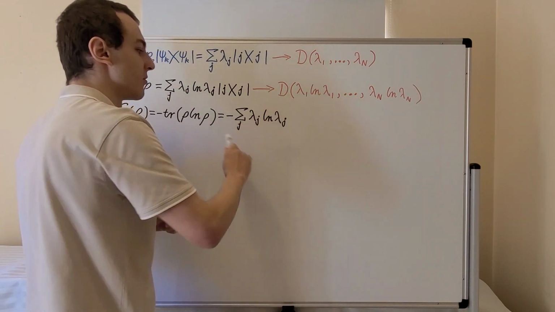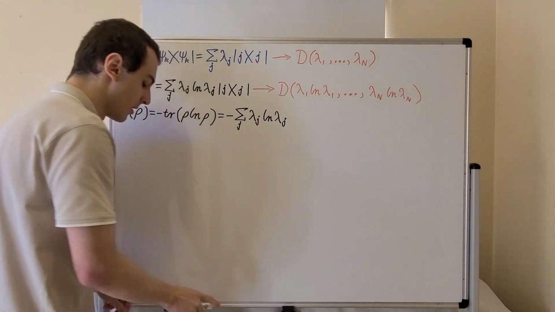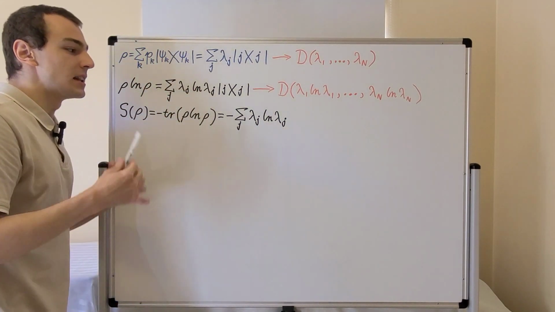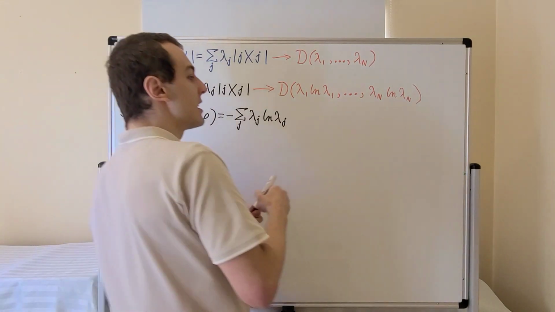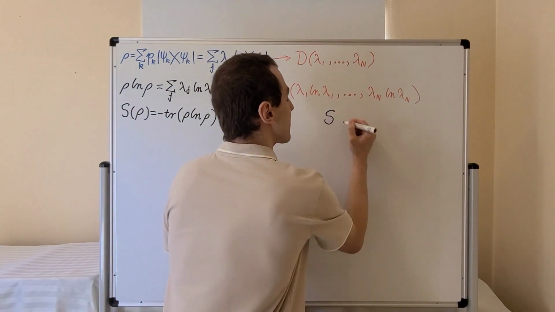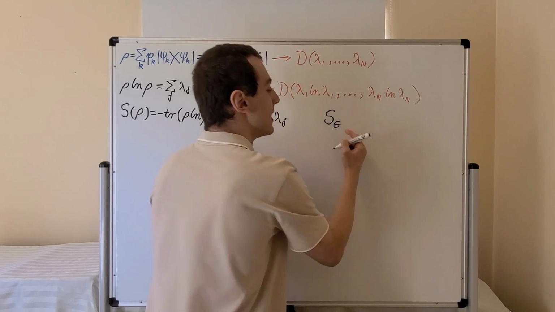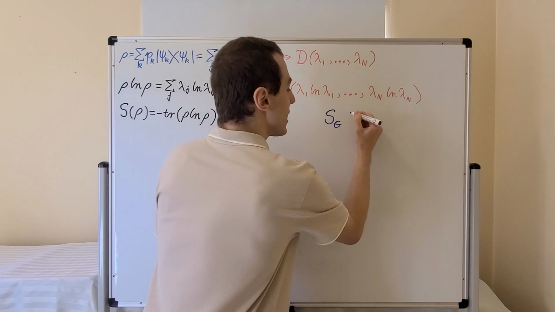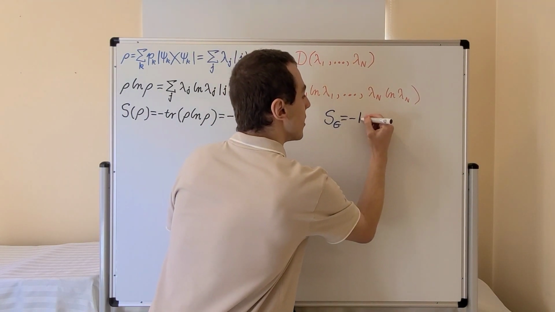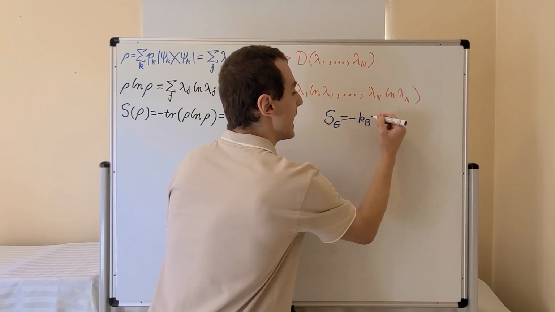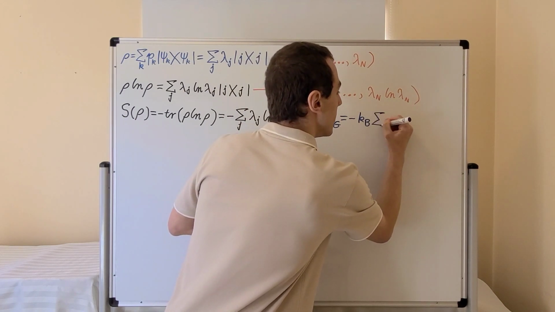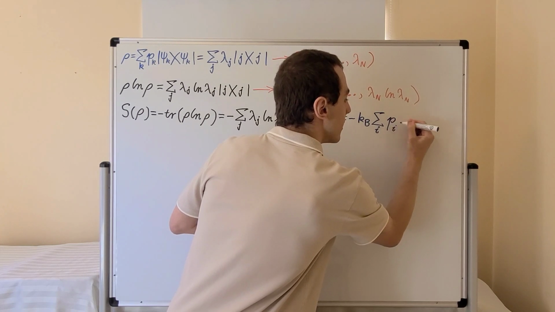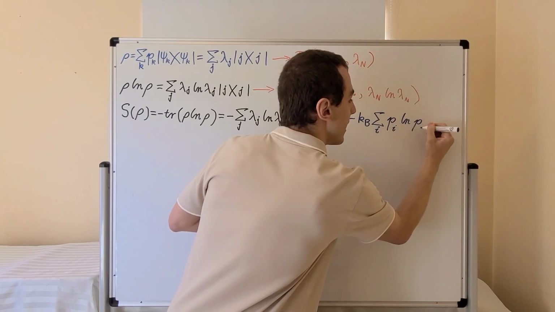Now, this format for the entropy is very familiar. You might have seen this in statistical mechanics. In classical statistical mechanics, we can define the Gibbs entropy, which I'll write as S sub G. This G over here is just to distinguish from this von Neumann entropy. And we can write this as minus Boltzmann's constant, which is k_B, times the sum over some index, let's call it i, p_i log p_i.